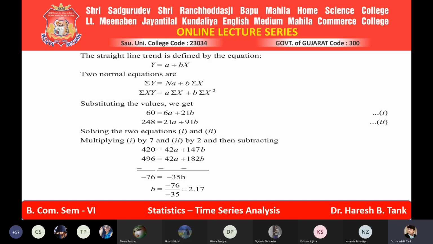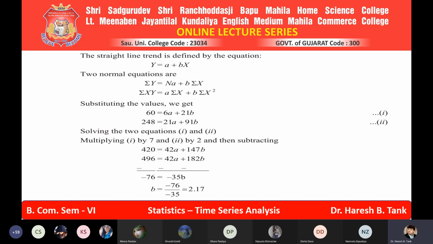Anyone? Compare, comparing both the equations. How will you be comparing it? Naturally, to get a solution of two linear equations is eliminating one of the variables and getting a value of another. Once you get a value of another, substituting it in that equation, you will get the first variable. Okay.